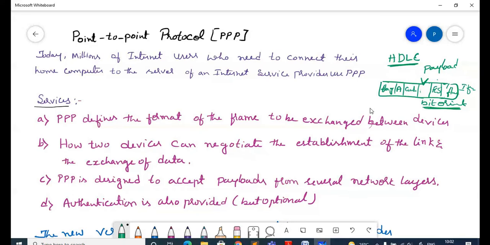Similarly, whenever it requires exchange of supervisory information, that is with respect to flow and error control, it is going to use the S frame. And the last one is the U frame.